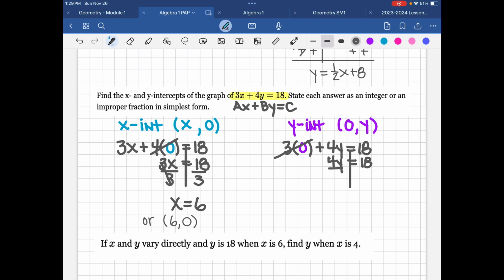To solve for y, we're going to divide by 4. That doesn't divide nicely. Let's see. 9 over 2, or 4.5. And so if you were to give it as an ordered pair, you would probably give it as such, or you could use the fraction.